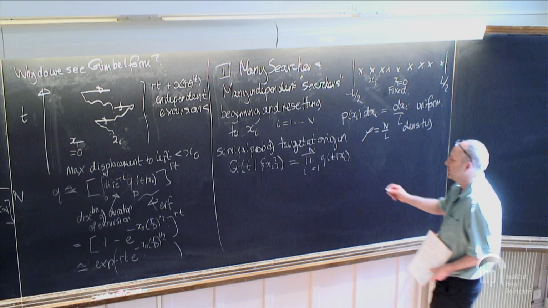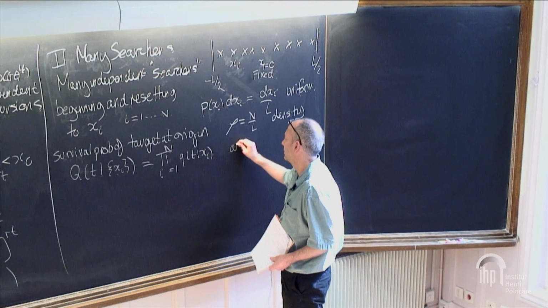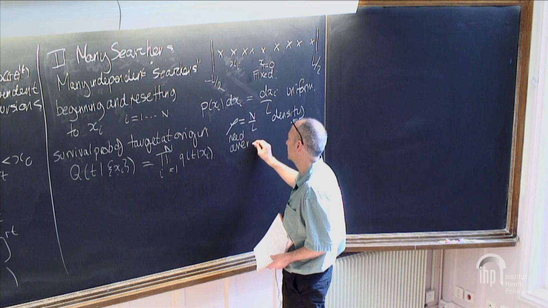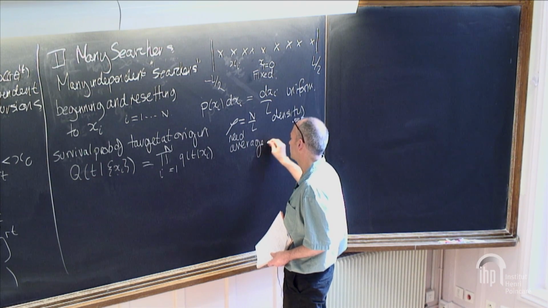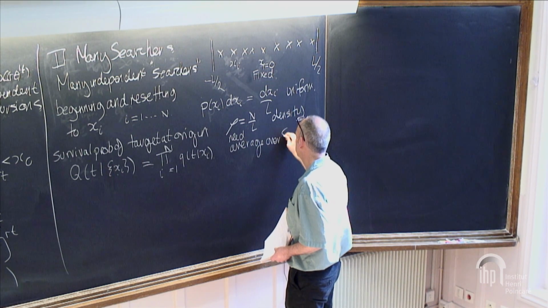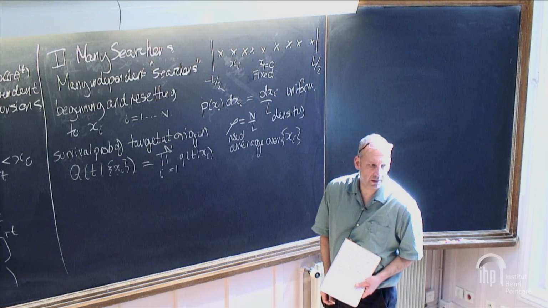And so what we need to do is somehow to average over the xi. Now this can be a little bit tricky.